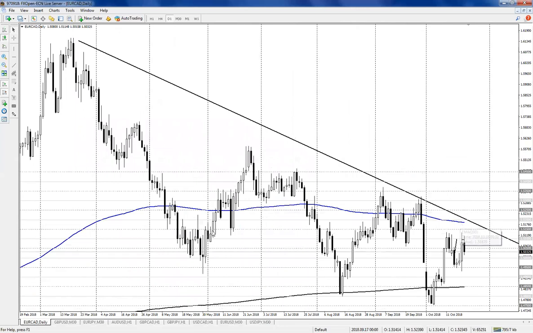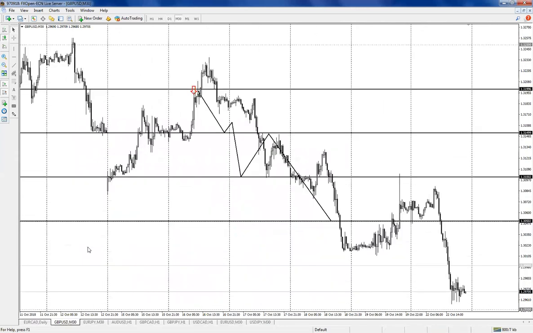And the GBP USD actually behaved quite well from last week. If you look closely, the levels that we had marked out as our ranges, the market came in and just tagged them. I think it was 1.3100.